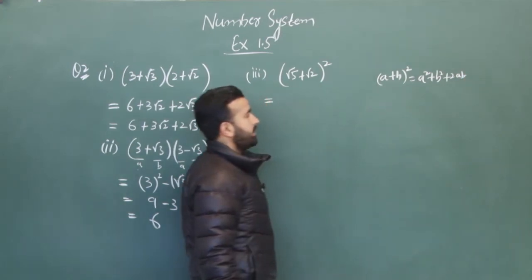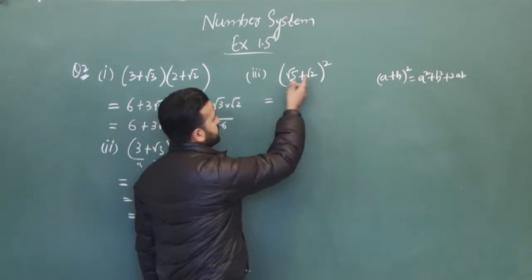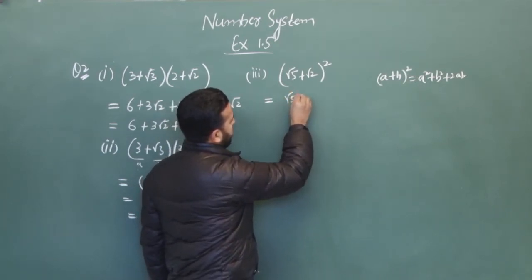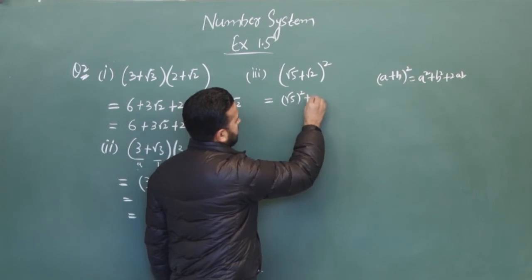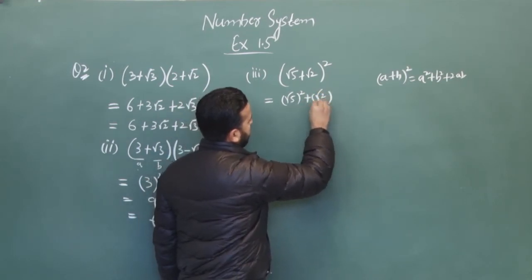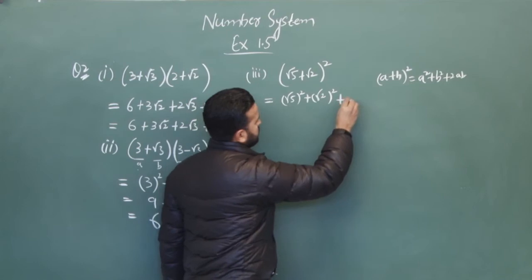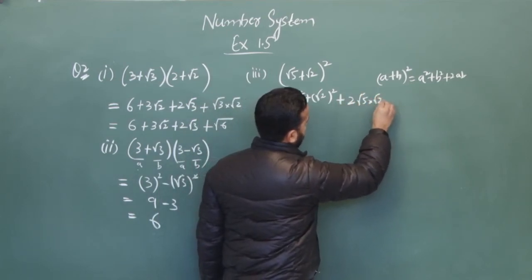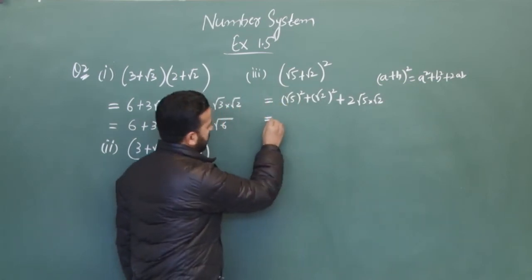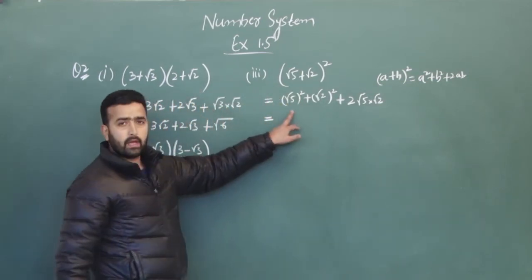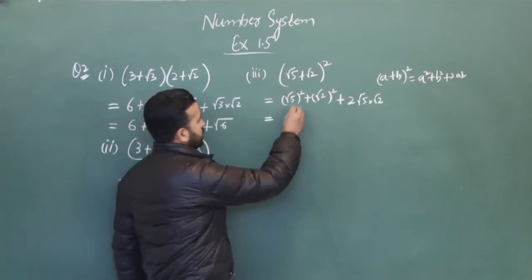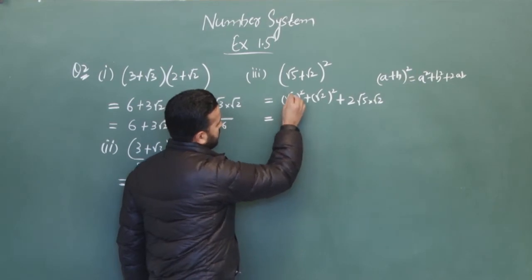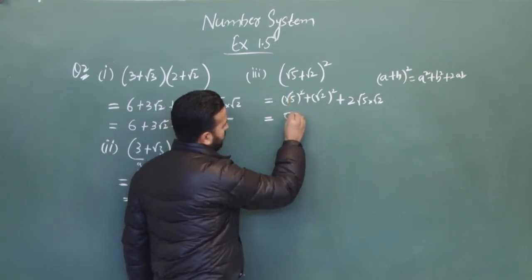This is also one of the identities you may know, so we can apply it directly here in our case. It will be a square, then b square plus 2ab, that is 2 times root 5 multiplied by root 2. Here we have under root 5 whole square, so the square and root cancel out, and it will be 5.